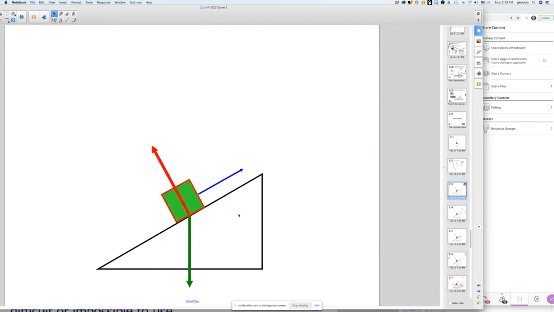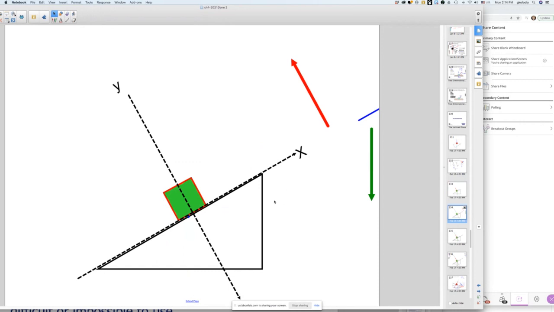Okay. So how do we analyze this? We saw that one of the things that made life a little simpler is to draw the x and the y-axis at an angle, like I did here. The reason for doing that is because there's no motion along the y-axis.